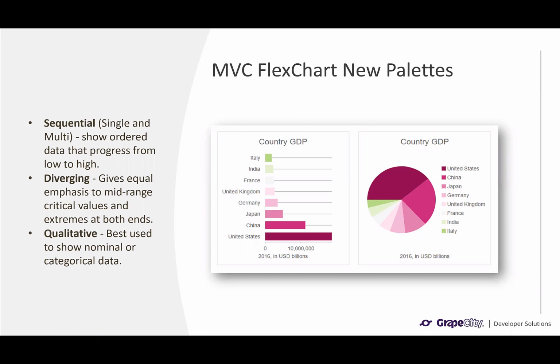There are also diverging palettes, which give equal emphasis to mid-range critical values and extremes at both ends, with light colors for mid-range and dark colors for extreme high and low values. And then, of course, the qualitative palette, which is best used to show nominal or categorical data, so the color is not indicative of the differences in values.